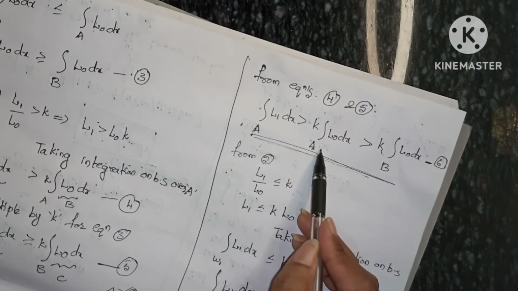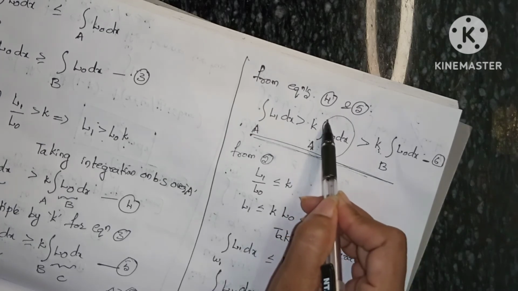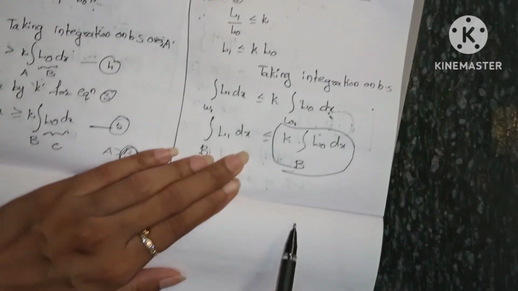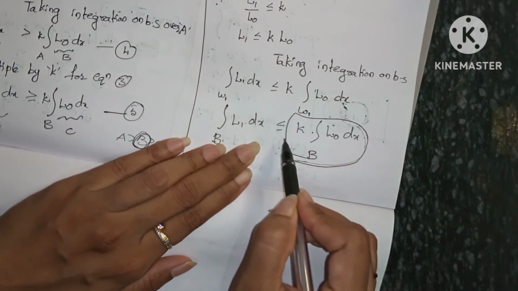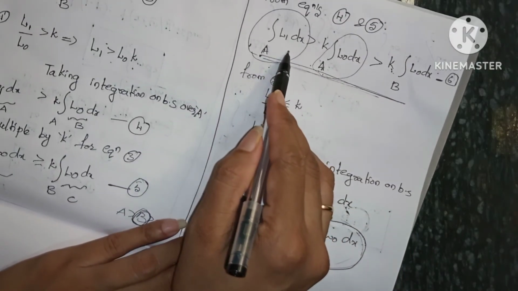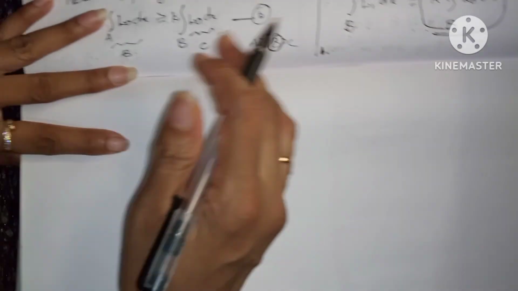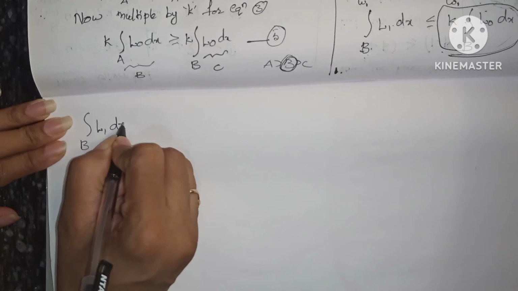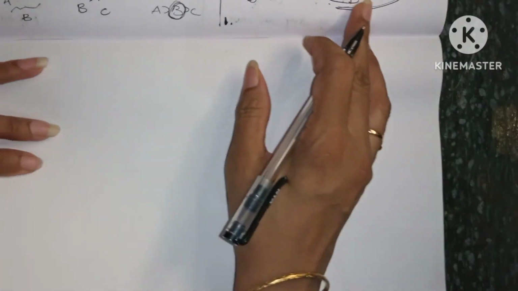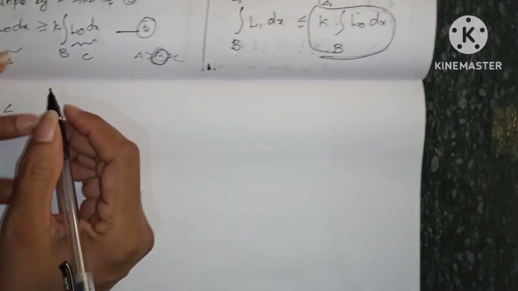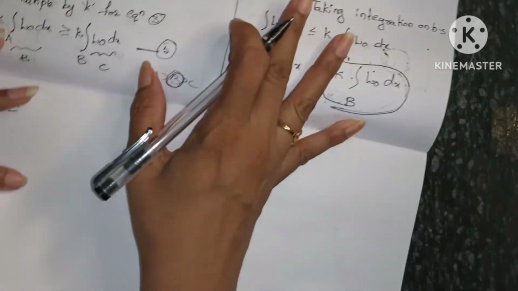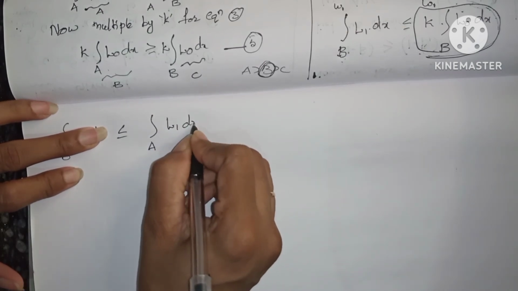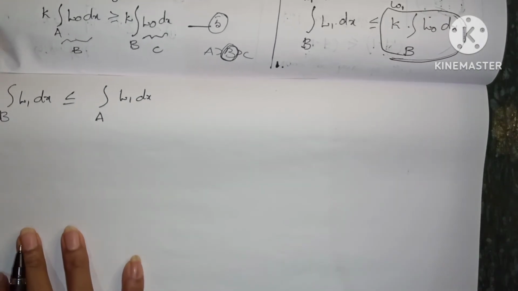This term is greater than this term, isn't it? So we can write directly this term instead of that. So integration B L1 dx will always be less than or equals to integration A L1 dx. So this one we have written from equation 6.